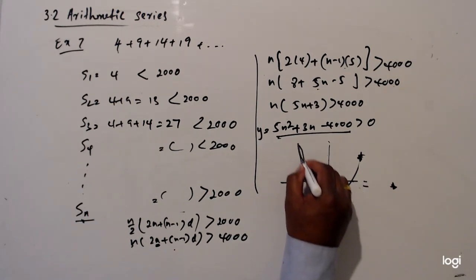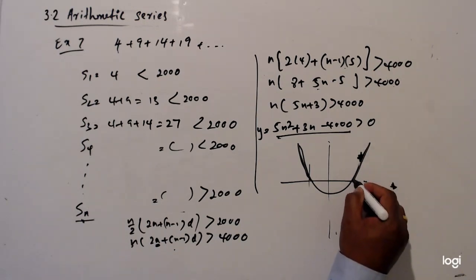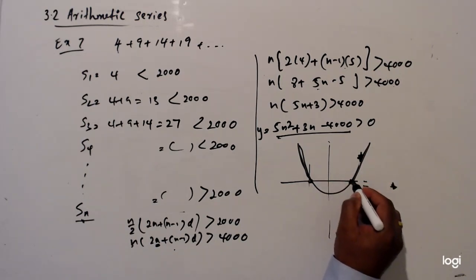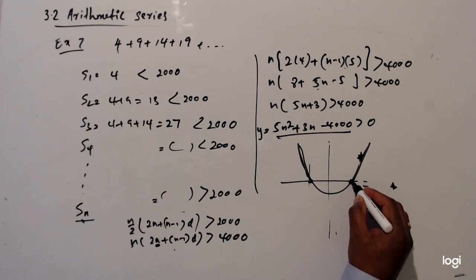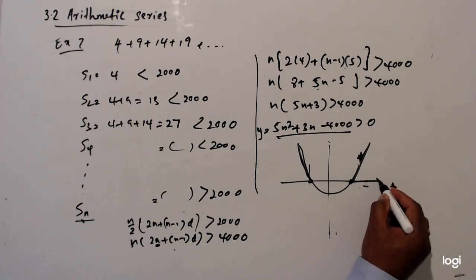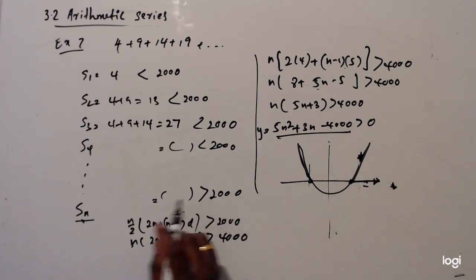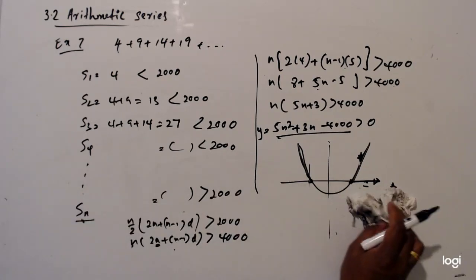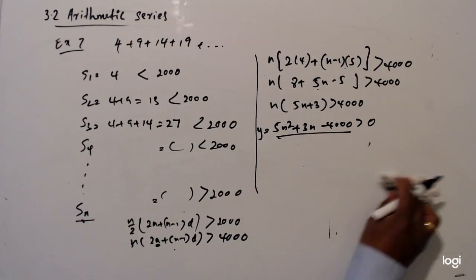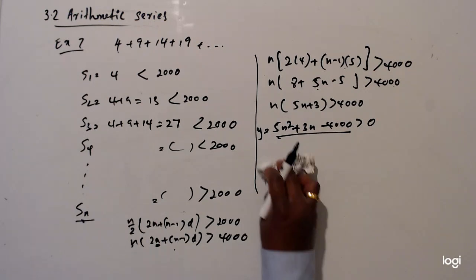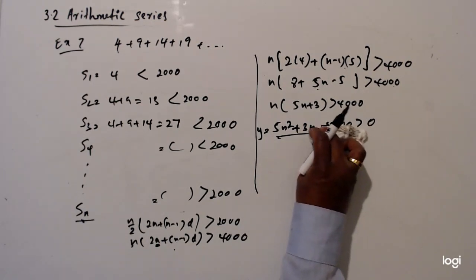Basically we have two areas, this area and this area from here. If you know this one, then from that term onwards, it's going to be more than 2000 when you add.